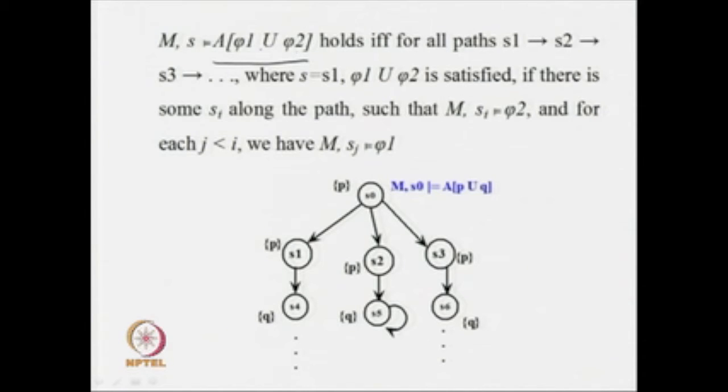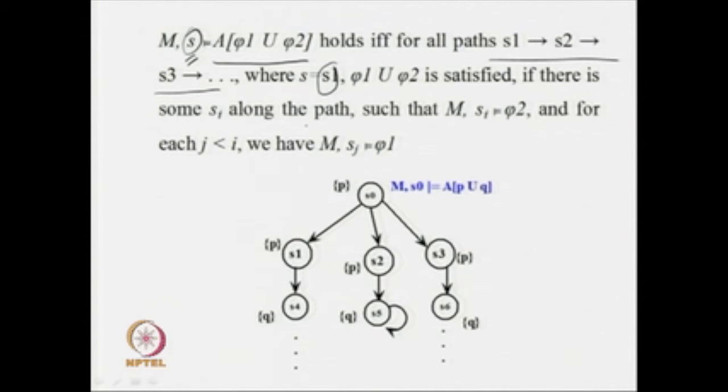So, we say that this formula holds in a state S of model M, provided for all such types of paths that we are going to look at, having a transition from S1 to S2, S2 to S3, where the starting state of the path S1 is equal to the state that we are looking for, phi 1 until phi 2 is satisfied if there is some Si along the path.